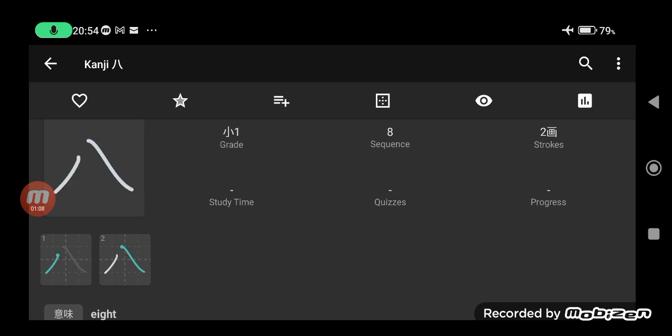So this is the stroke. Only two strokes for the 8. 1, 2. As I have stressed to you in previous lessons, please be particular and follow the correct stroke style and stroke order. Just 2 strokes, very easy.